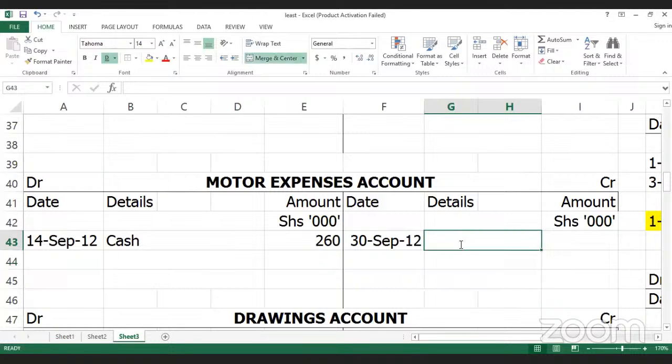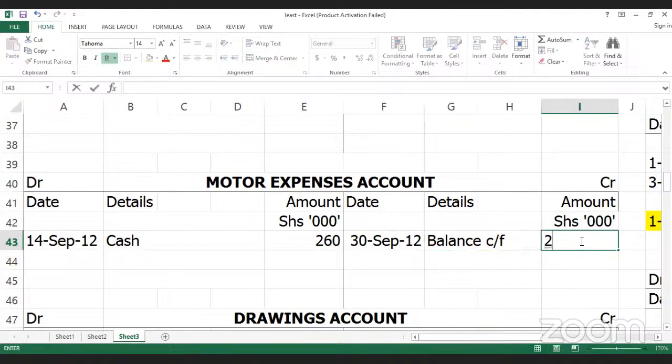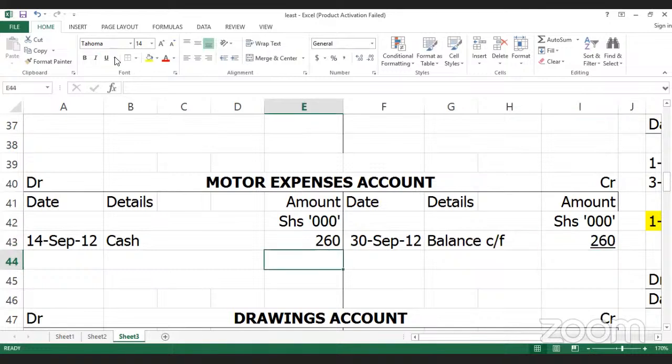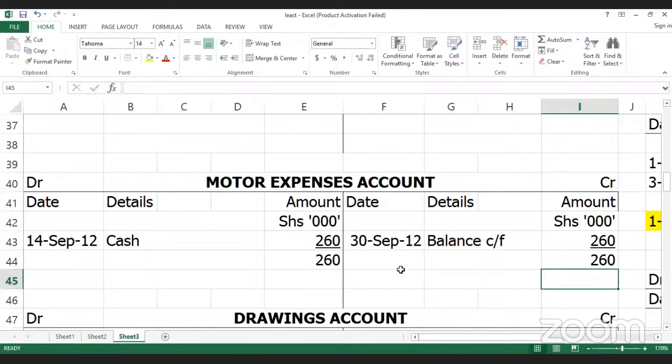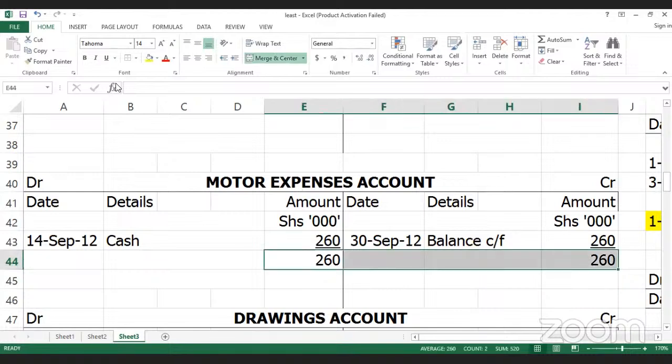So the balancing figure goes on the opposite side, that is balance carried forward. That is 260. Totals should be on the same level, don't forget.